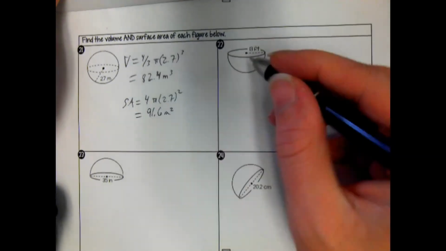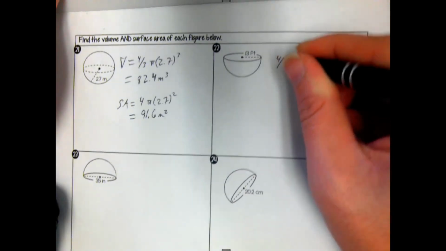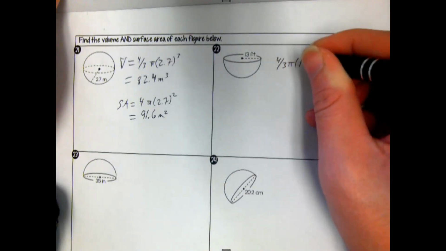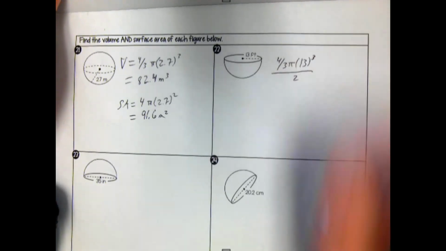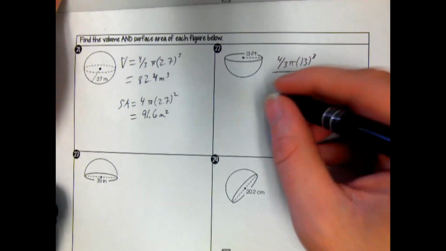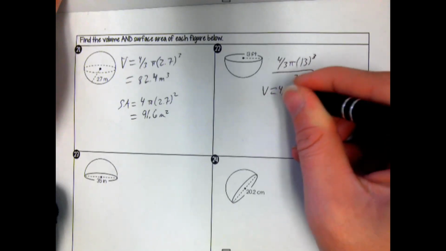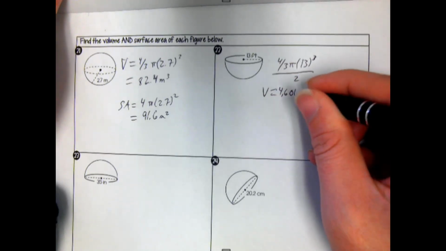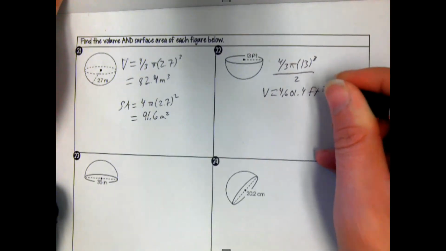Now, this hemisphere has a radius of 13, so it's going to be 4/3 times pi times 13 cubed, and then divided by 2, because it's just half of the sphere. So that volume is going to be 4,601.4 cubic feet.